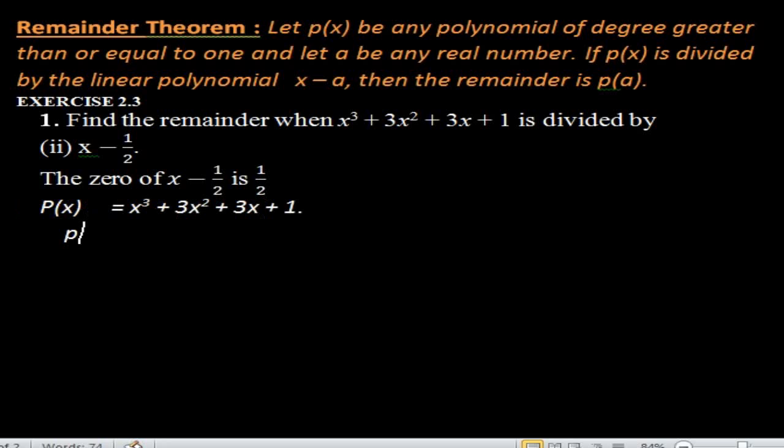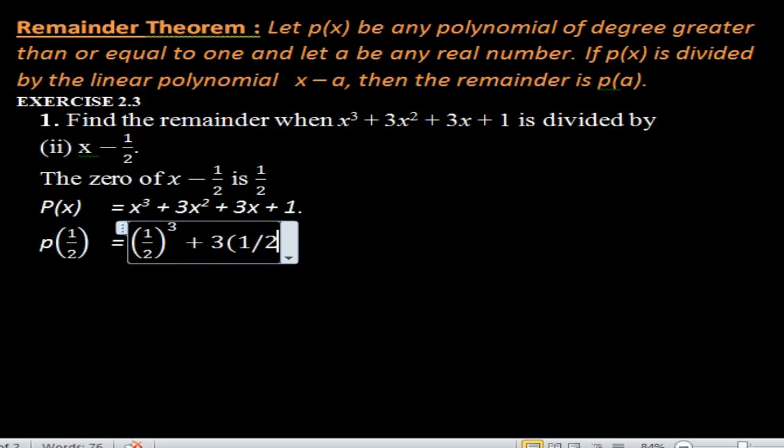So it becomes p of 1 by 2 is equal to 1 by 2 whole cube plus 3 into 1 by 2 whole square plus 3 into 1 by 2 plus 1.